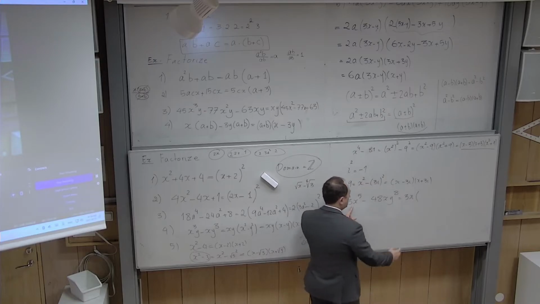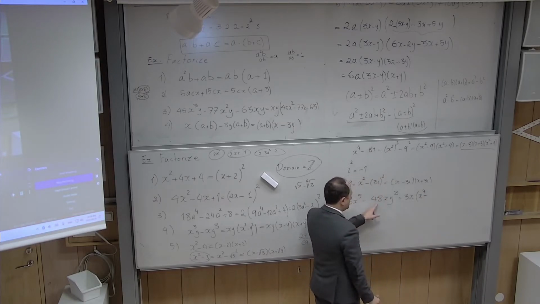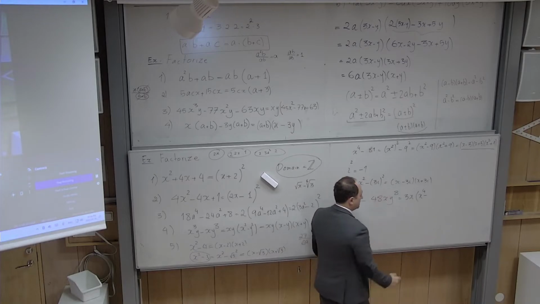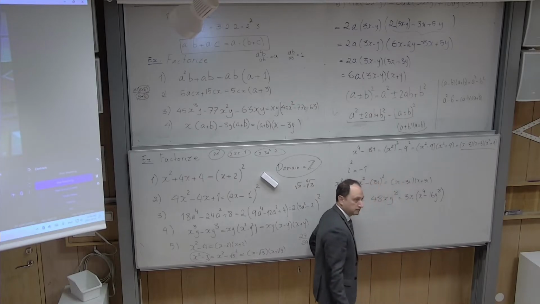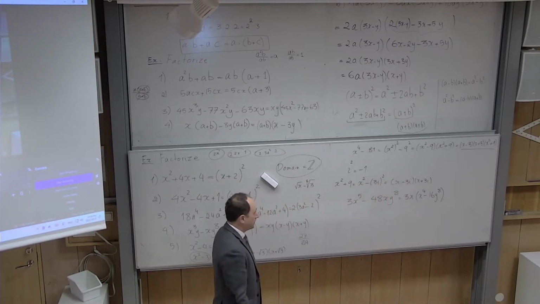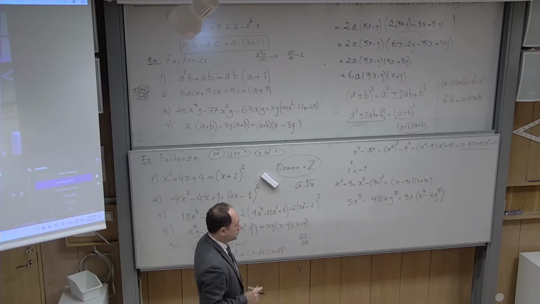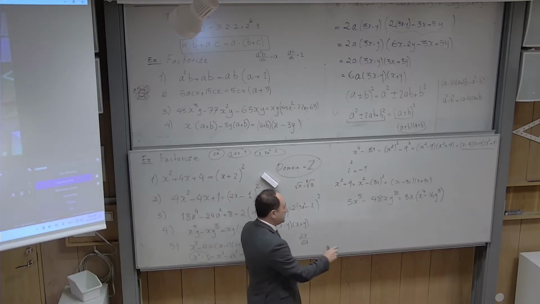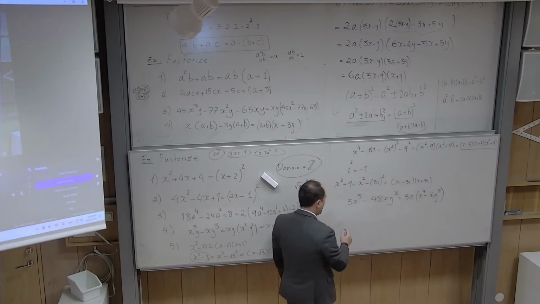This becomes x to the 4 minus 16y to the 8. Okay? It is factorized now, but it might not be fully factorized. Yeah, you realize that you have the difference of two complete squares. So you have to carry on.